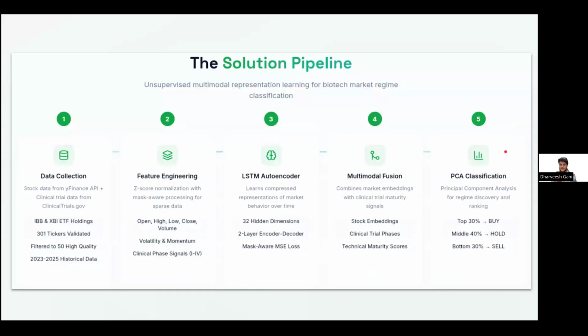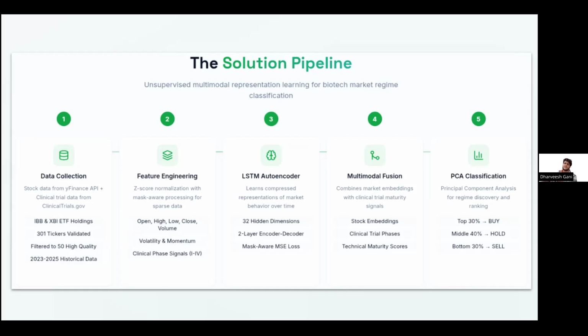So how do we do this? We first collected the data for both of the modalities. For the stock modality, we collected some stock features through Y Finance for the past 24 months, a specific time period, from February 2021 to February 2023.